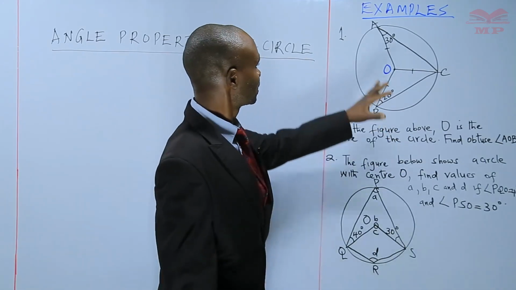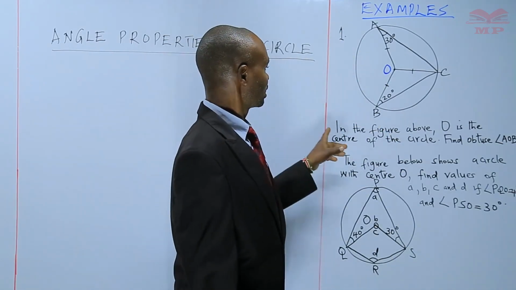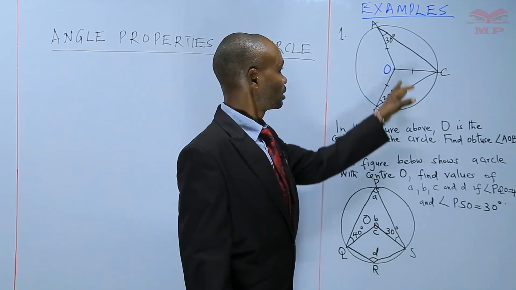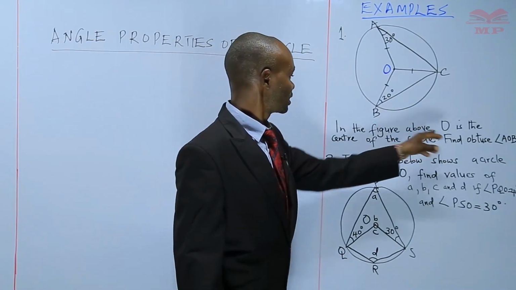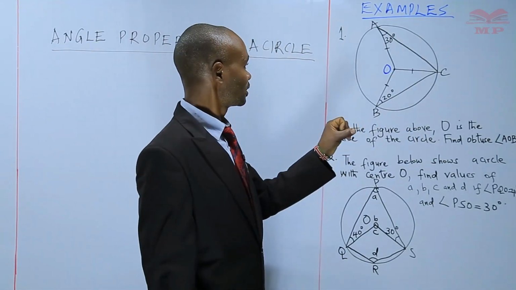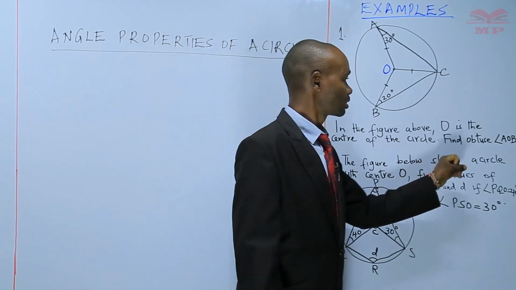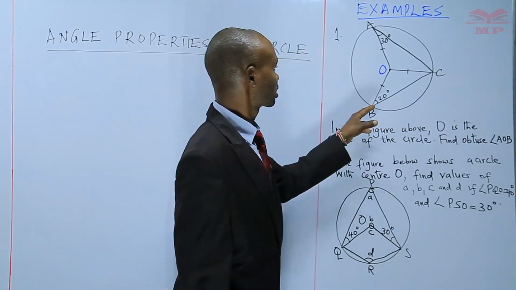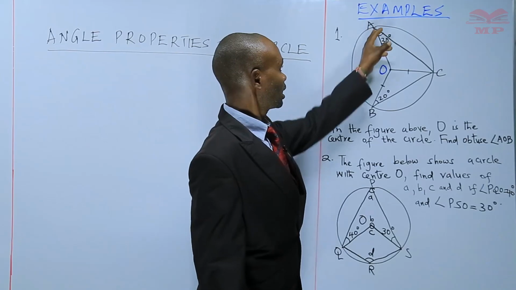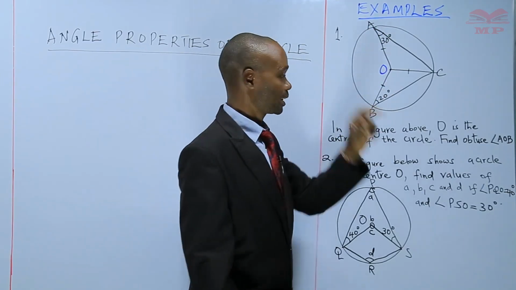In the first question, you are asked: in the figure above, O is the center of the circle. So you are told to find the value of the obtuse angle AOB.